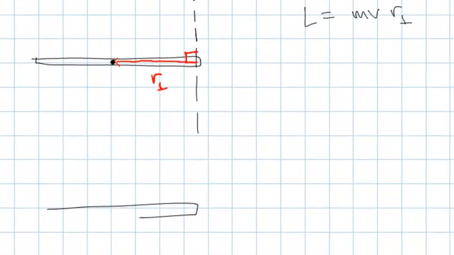So let's take a look at a different example. We've got a board that can rotate and something that's coming this way. Extend that line. You find the perpendicular distance. Call that r perpendicular.